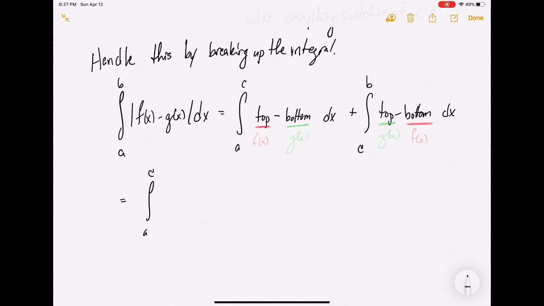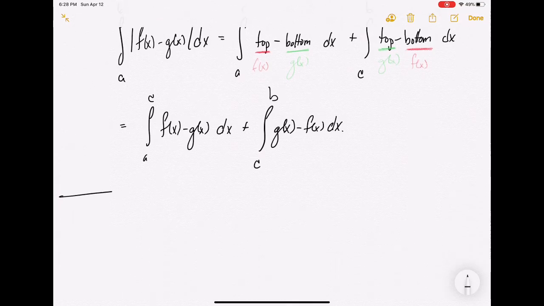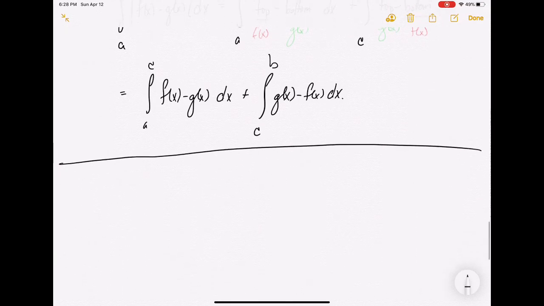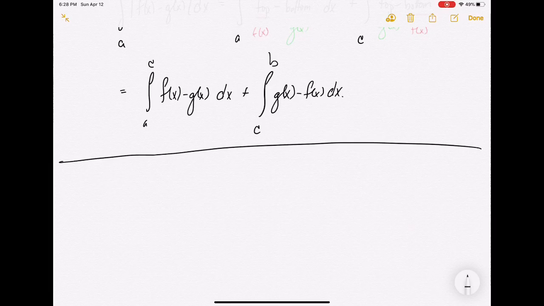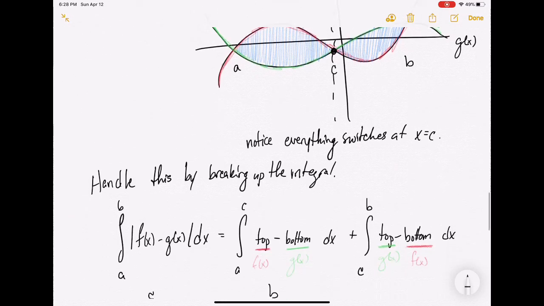Integral a to c, f of x minus g of x dx plus the integral c to b g of x minus f of x dx. So that's kind of the way you would handle the complicated cases where things switch around.